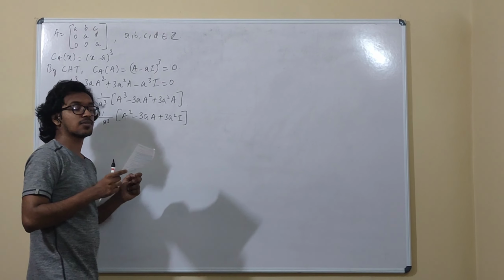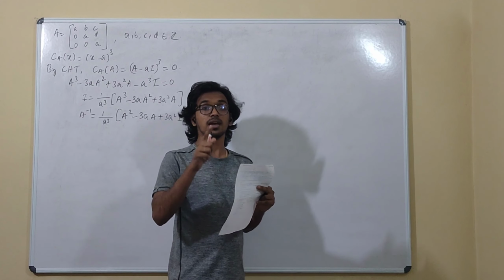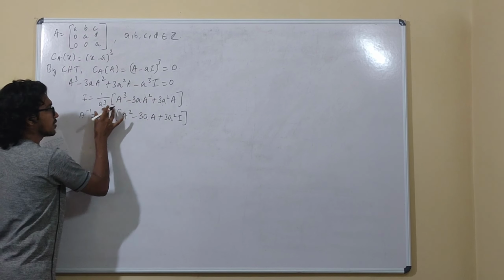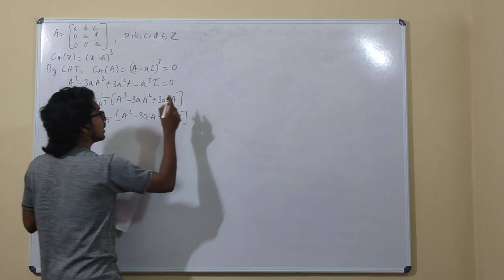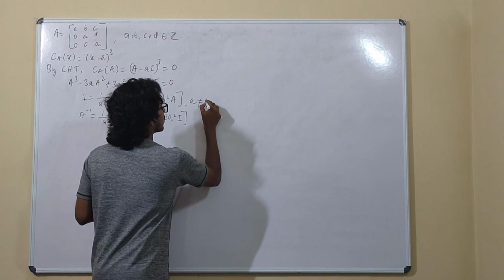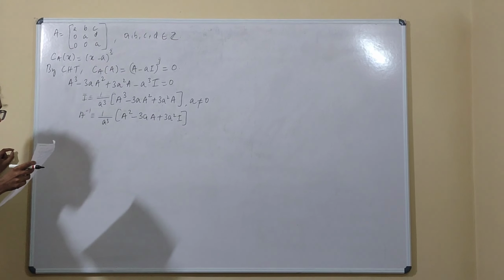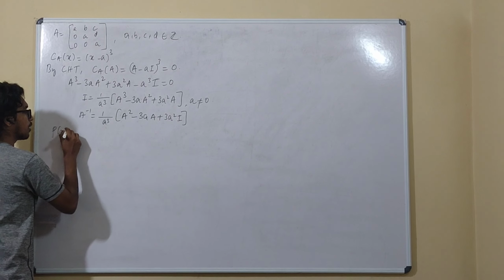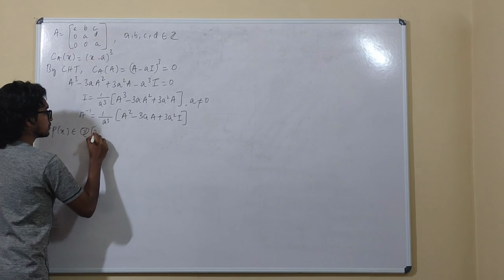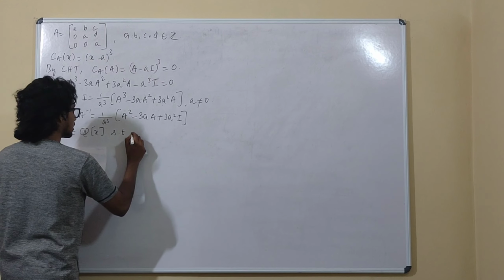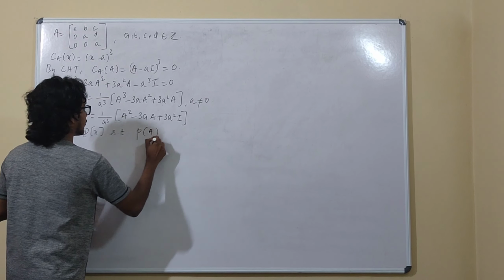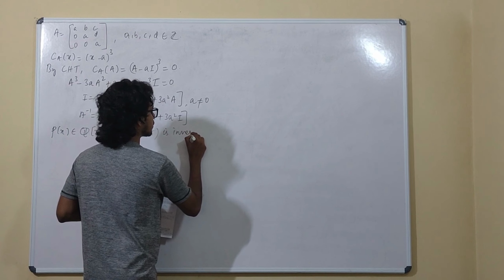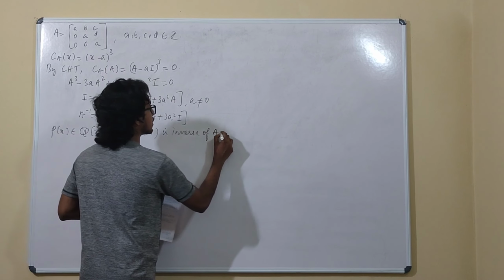So what is the first option? It is given that if a is non-zero. This division by a cube is possible only when a is non-zero. So when a is non-zero, there is a polynomial in Q of x such that this polynomial of A is the inverse of A. This is given in option 1.